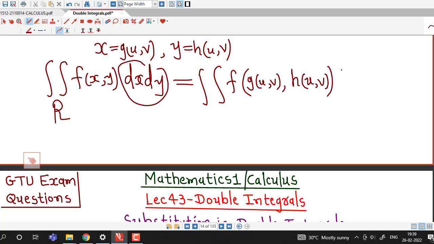This dx dy will be replaced by the absolute value of the Jacobian, and the integral is with respect to uv, and we will obtain the region of integration corresponding to this region of integration in the uv plane.